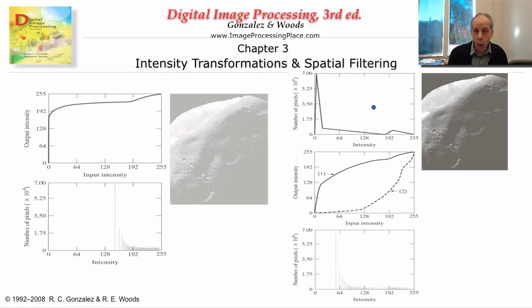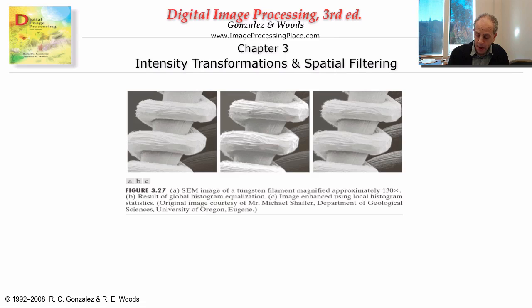Let's just mention one last thing about histogram equalization or histogram matching. So far, we considered the whole image, and we said, let's look at the whole image, let's look at the distribution, and let's match those pixel distributions to a new distribution, either an equalization or a specified distribution. You can do the same operations locally.